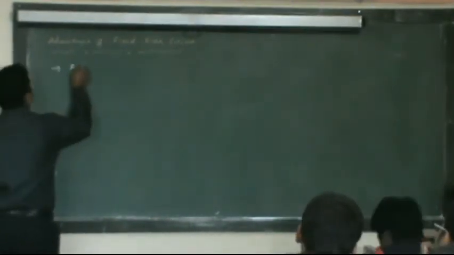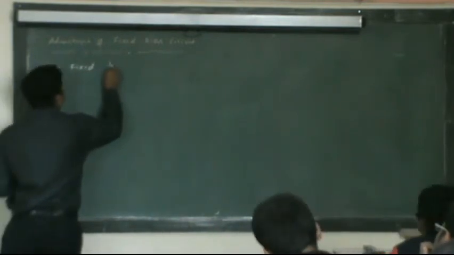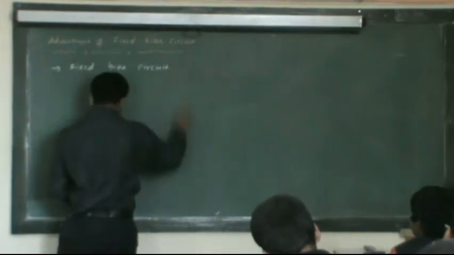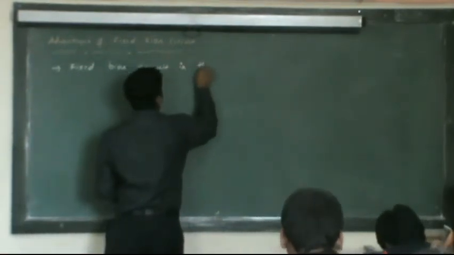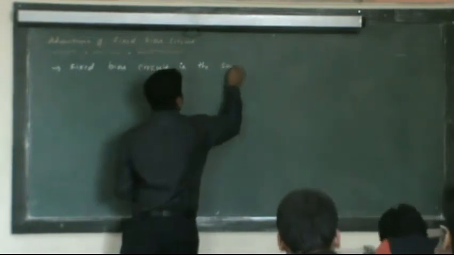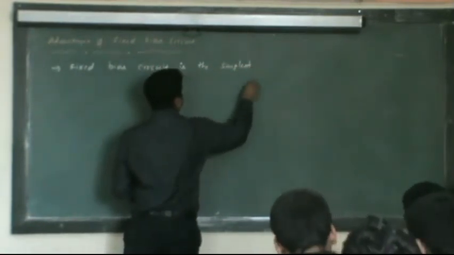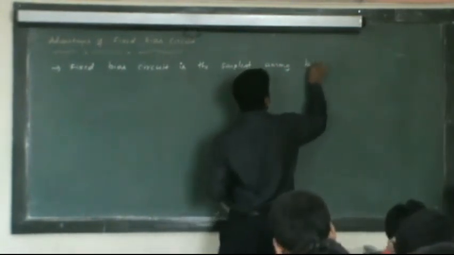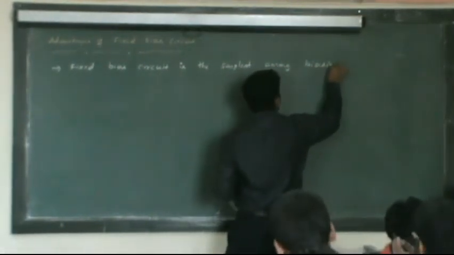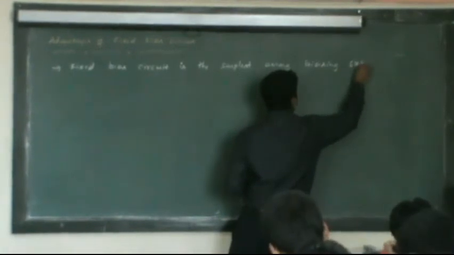The fixed bias circuit is the simplest among biasing circuits.